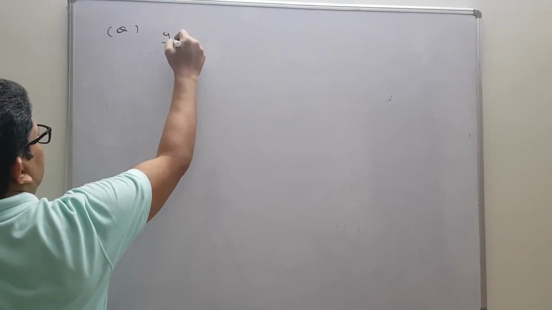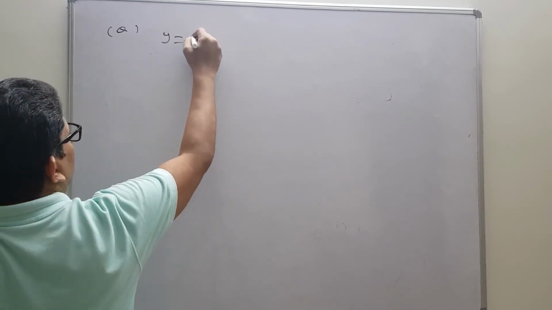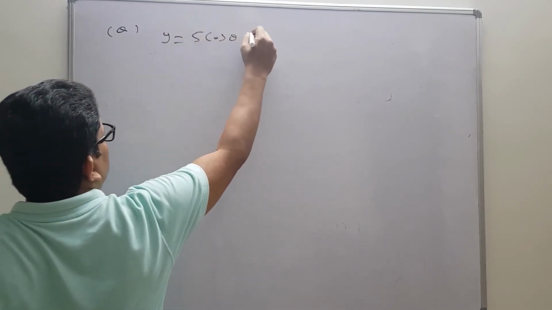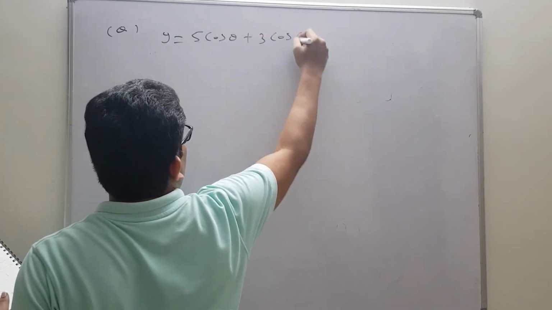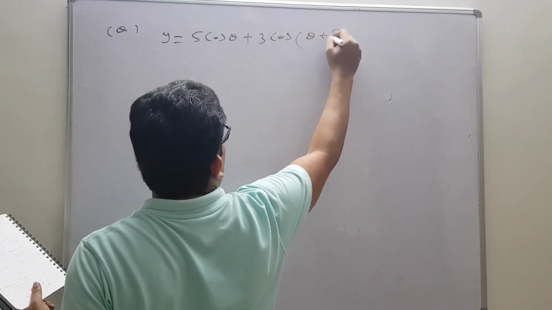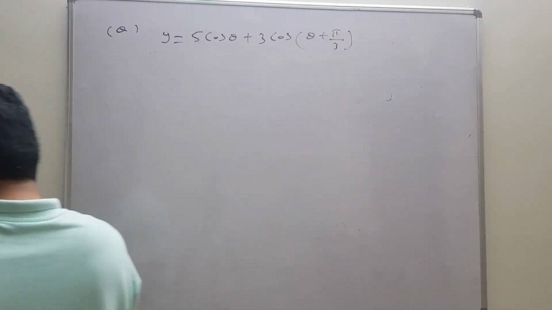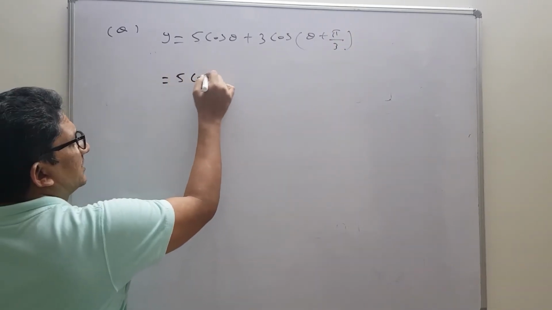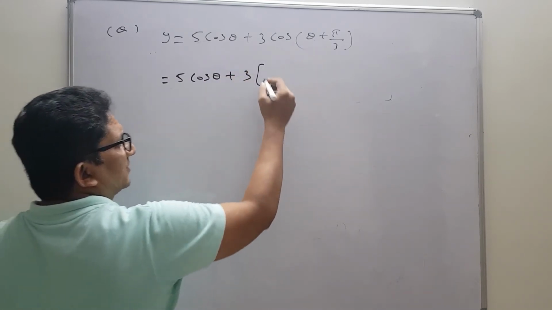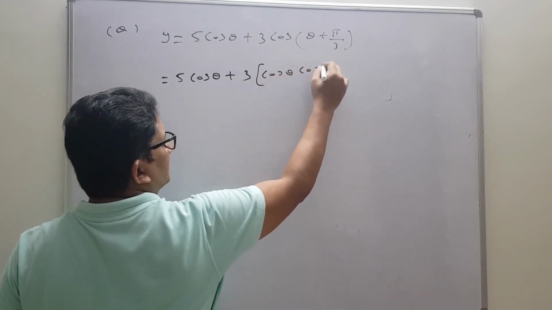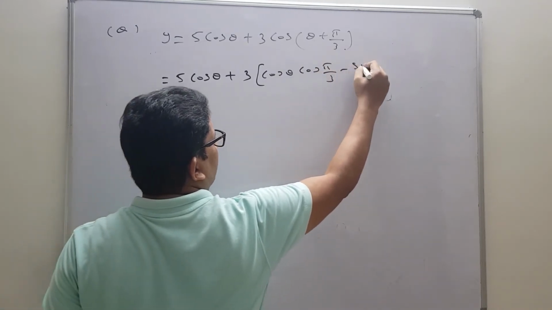Range of the function y equals 5 cos theta plus 3 times cos of theta plus pi by 3. That is 5 cos theta plus 3 times cos of a plus b, and the formula is cos a cos b minus sin a sin b.